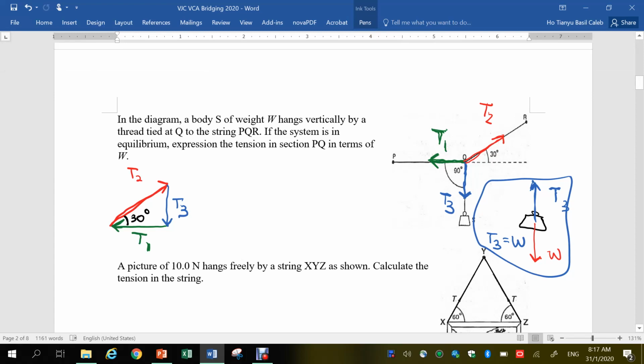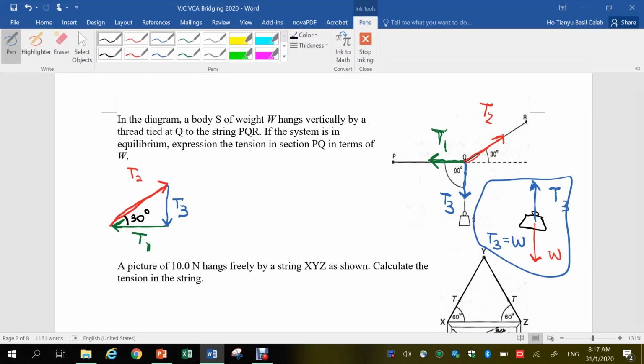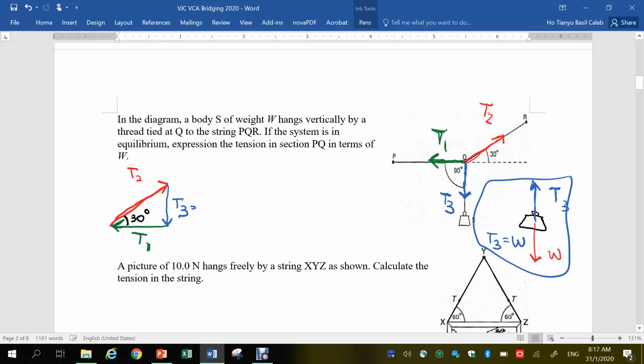And what have we learned about T3? Well, the value of T3 is just W. So if you want to find the value of T1 in relation to W, there is a simple trigonometric function that we know of. What is it? Tangent. The tangent of 30 degrees will be W over T1.